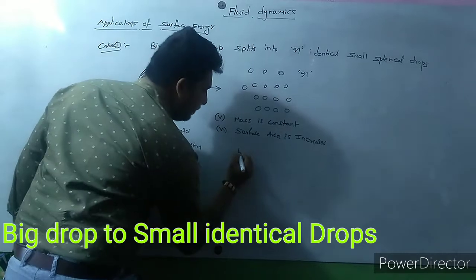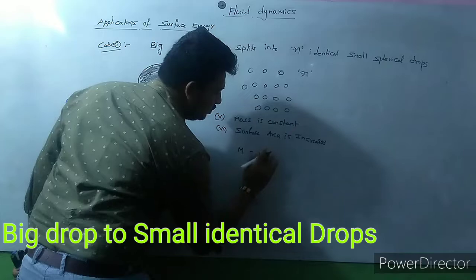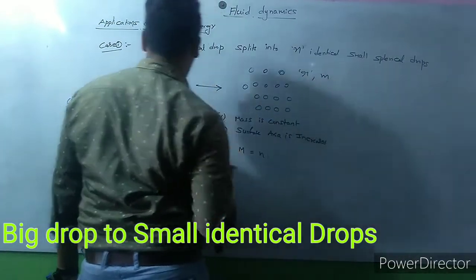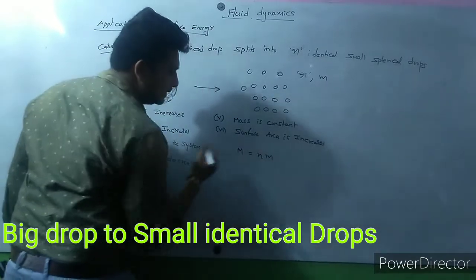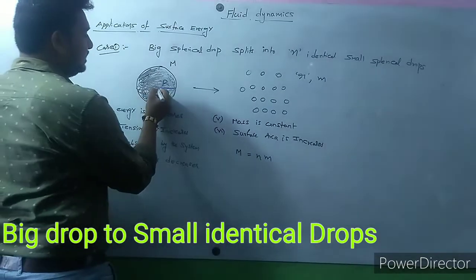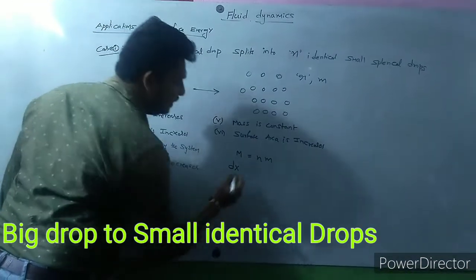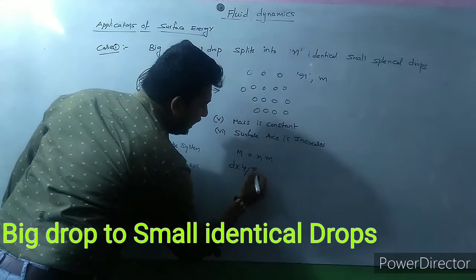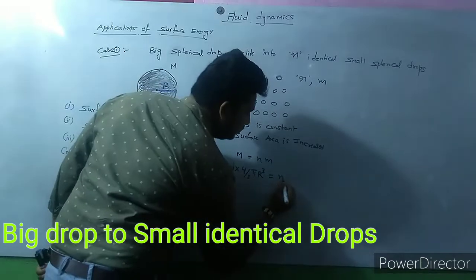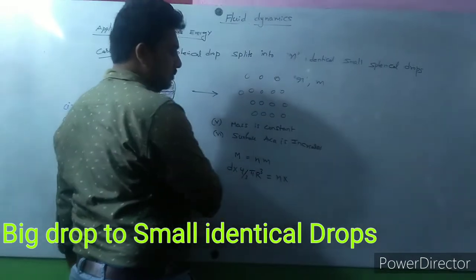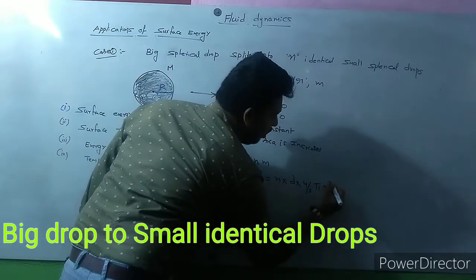From this, mass is constant. So the mass of the big drop, capital M, is equal to n into the mass of each small drop, small m. Mass means density into volume, and here density is d. So density into 4 by 3 pi R cube is equal to n into density into 4 by 3 pi small r cube.